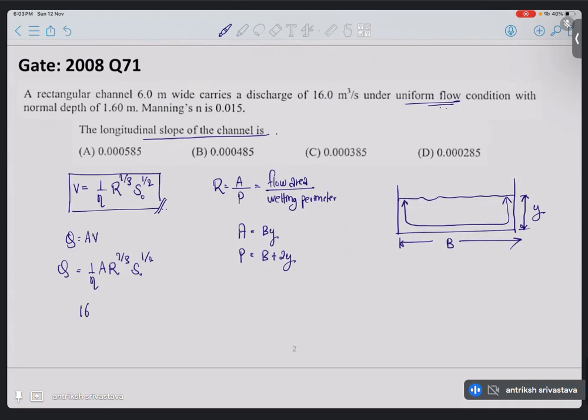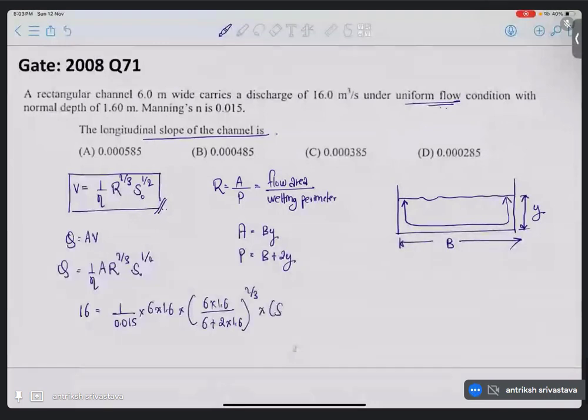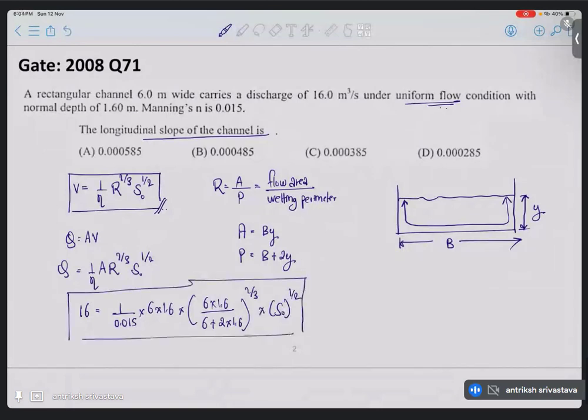Q is 16 meter cube per second, equal to 1 by N, that is 0.015, A is 6, that is the width, into the depth, that is 1.6, and R is nothing but A by P. So it's 6 into 1.6 divided by 6 plus 2 into 1.6, to the power 2 by 3, and S is the slope that we have to calculate. When we solve this formula, we will get the value of S naught. Let's simplify this and try to solve.